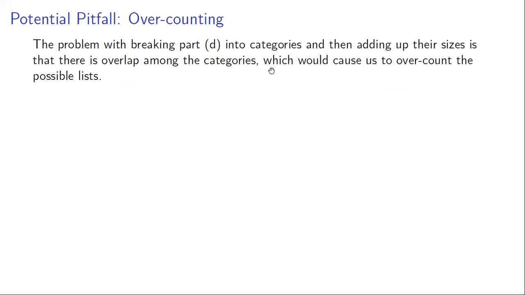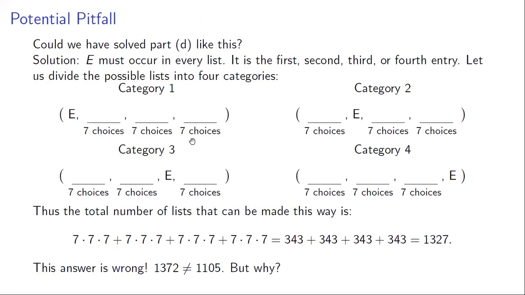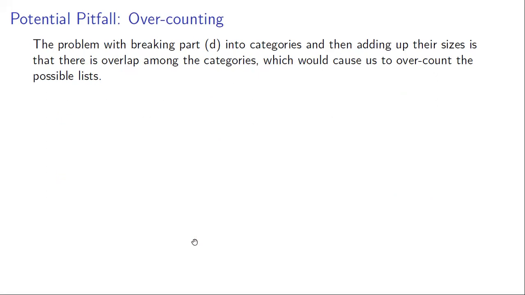Adding up their sizes would cause us to overcount the possible lists, because I'm going to be counting some things twice or even 3 times or even 4 times, since some things are in more than one category.